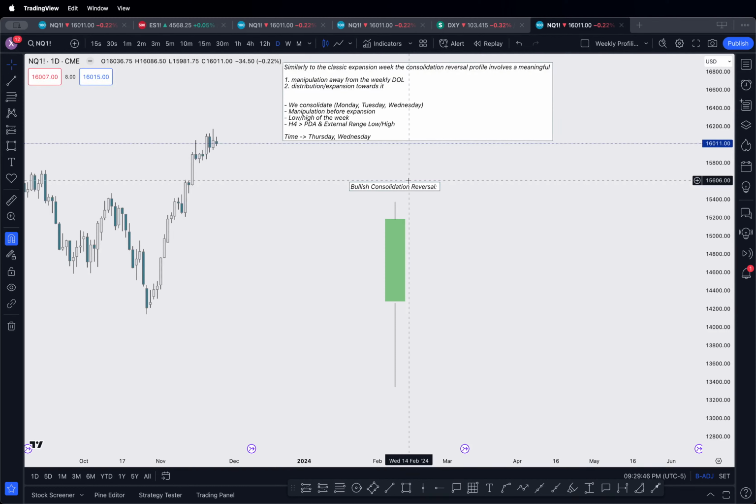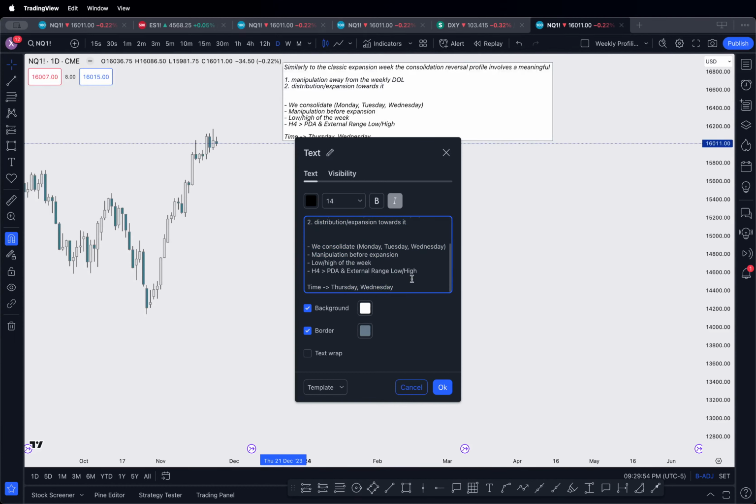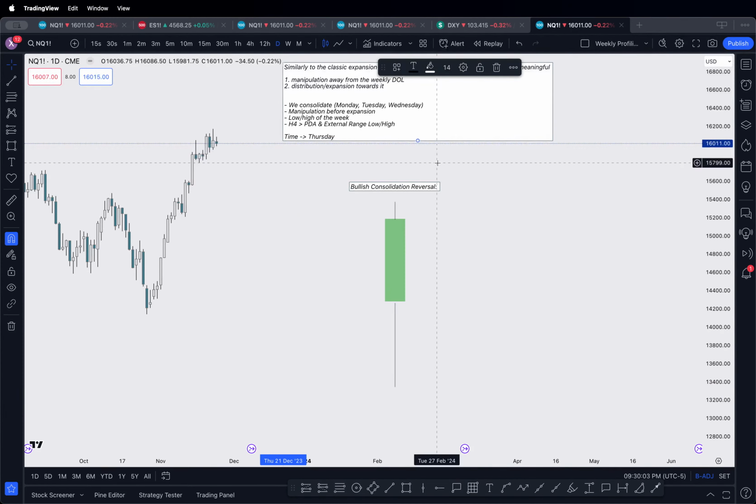Yeah, if it's Thursday on our reversal. So we'll talk about Wednesday as being a midweek reversal, and we'll talk about Thursday as being the consolidation reversal. I'm going to keep it consistent with ICT's teaching so I don't confuse you. They're very similar profiles, but ICT defines bullish consolidation as a Thursday reversal.